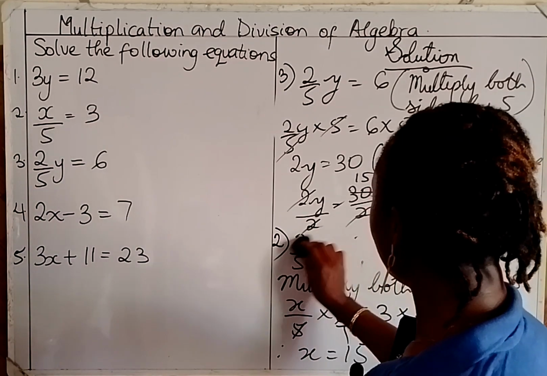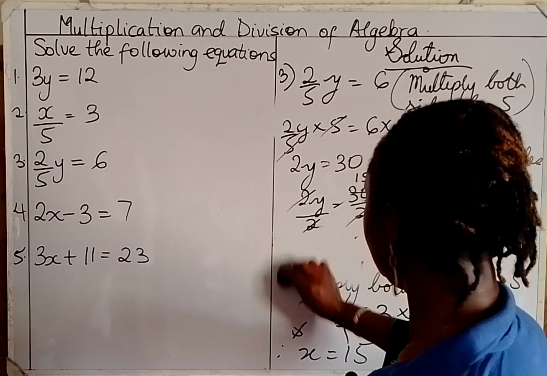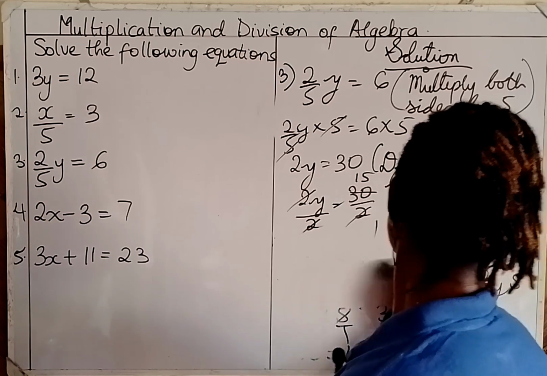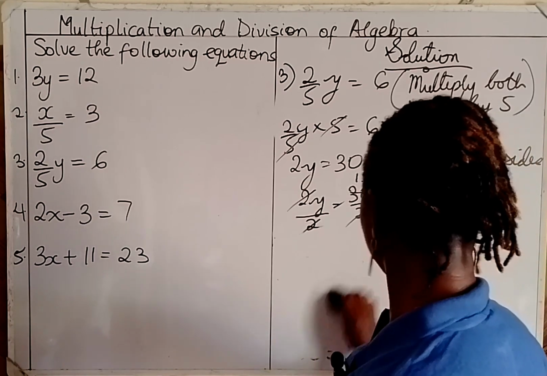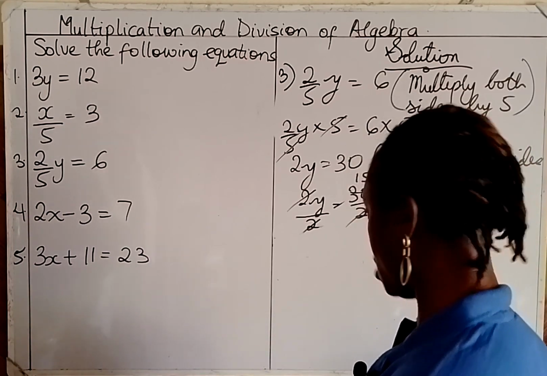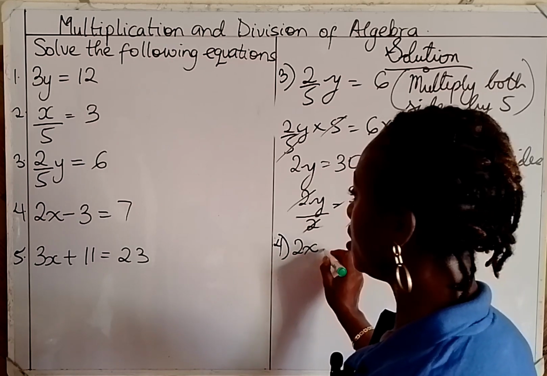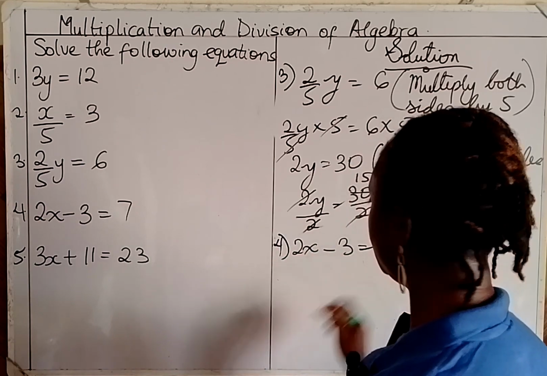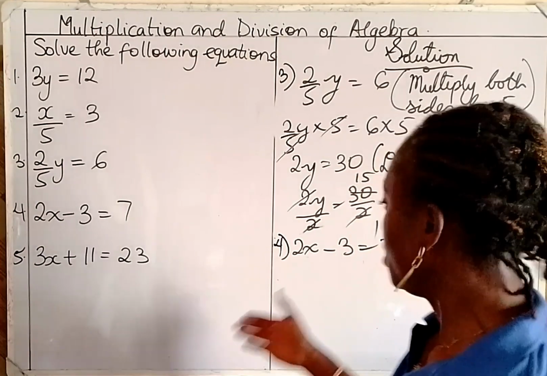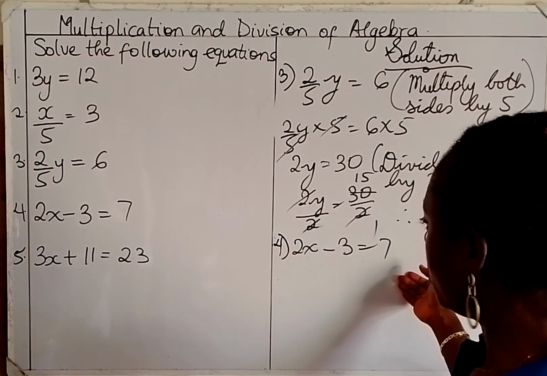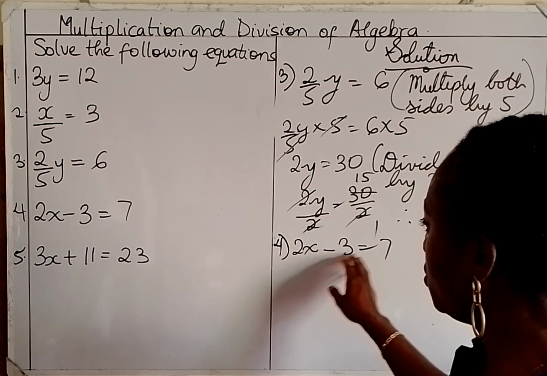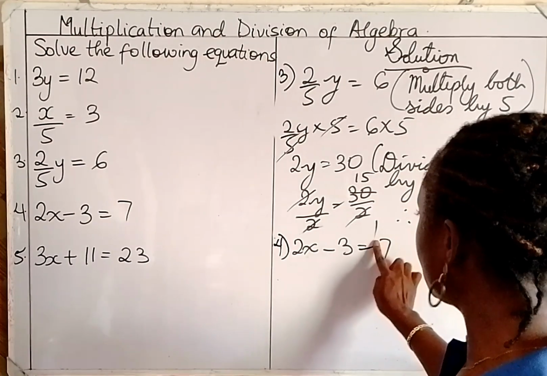Now, question 4. Question 4 says 2x minus 3 equals 7. Now, this is a subtraction question with an equal sign.